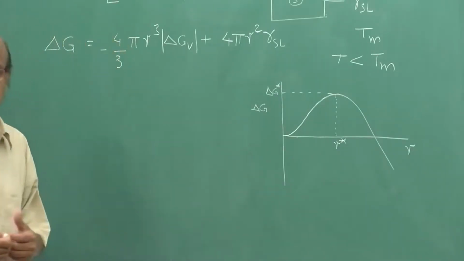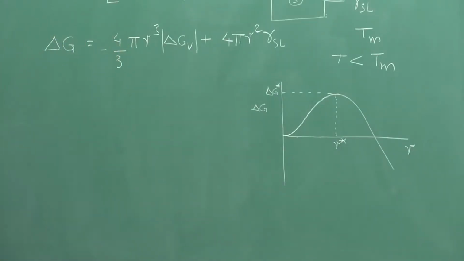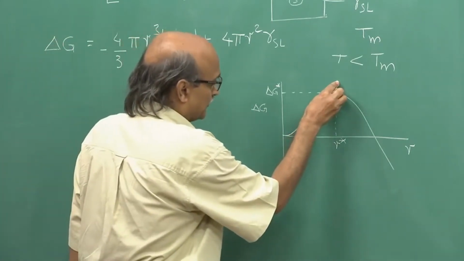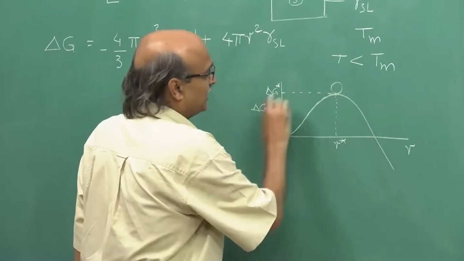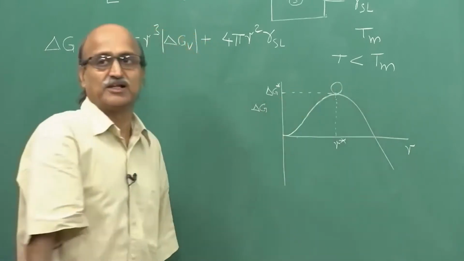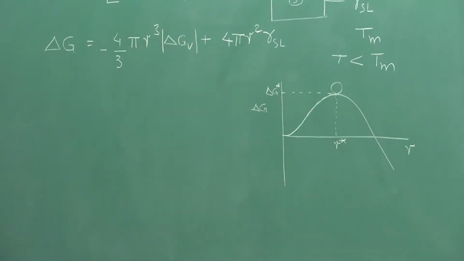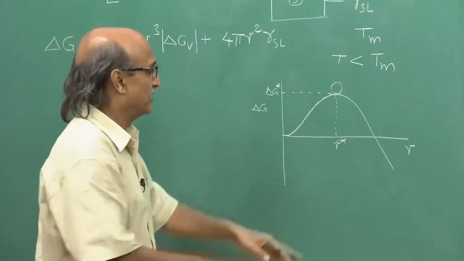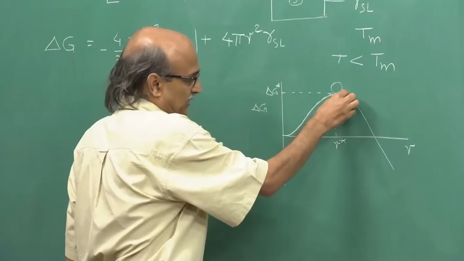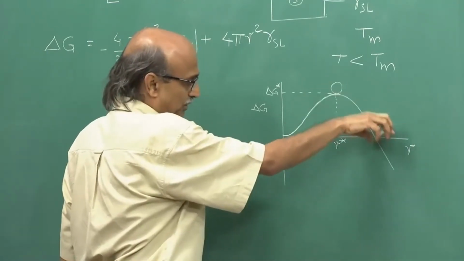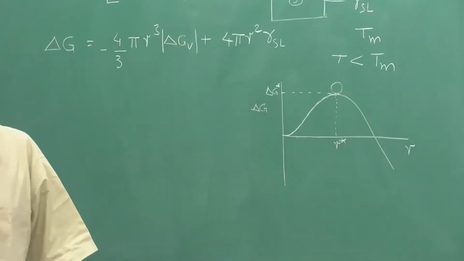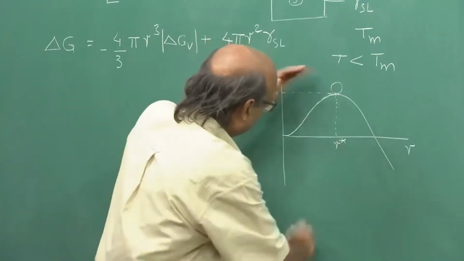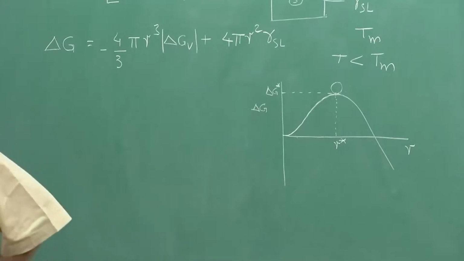So, for a nucleus to grow, a nucleus has to be generated of a critical size, and then if additional atoms add to it, then the nucleus size would be greater than R star, and then after that this nucleus will simply grow down the energy hill, and eventually the free energy would become negative.